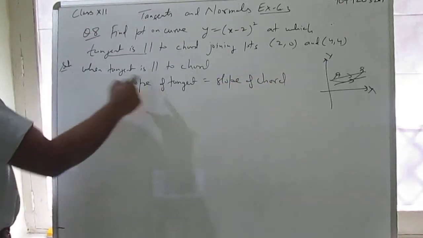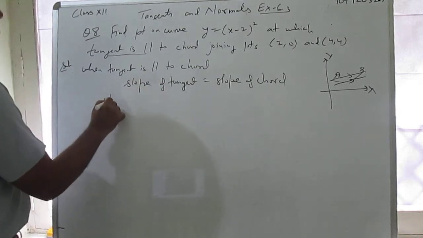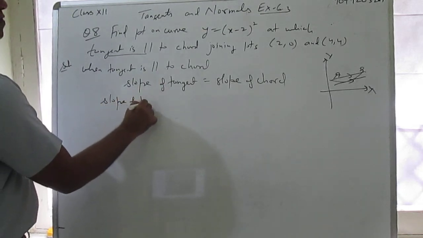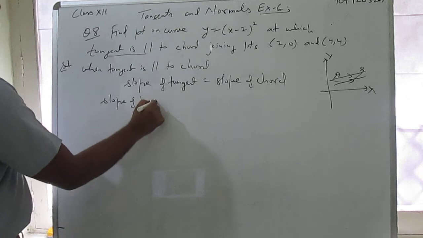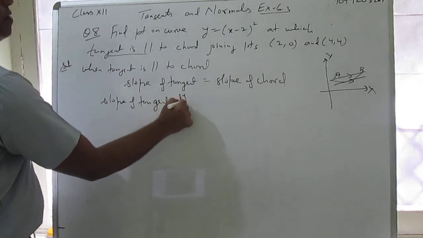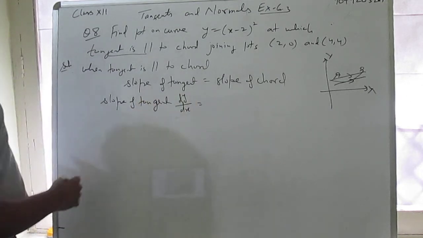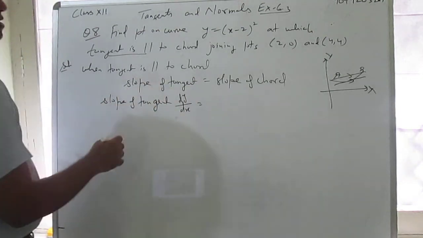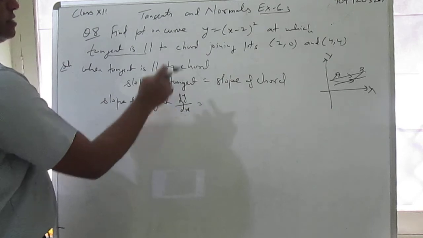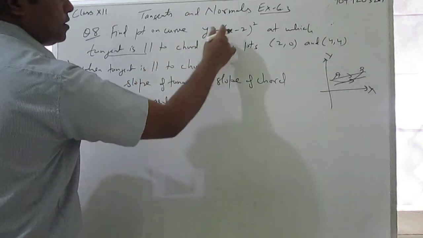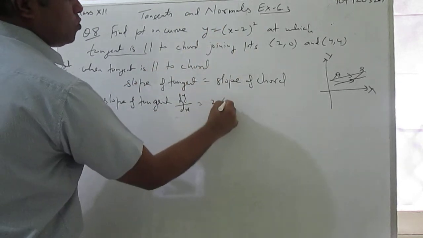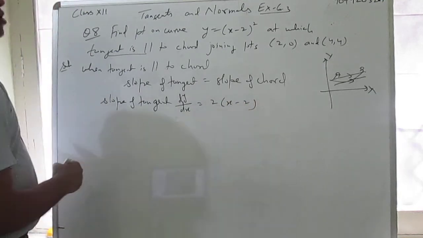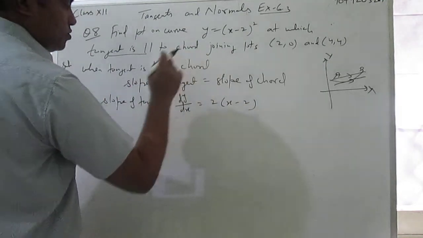So what is the slope of the tangent? It is dy by dx. At point (x1, y1), the slope of the tangent is dy by dx. So dy by dx is equal to 2(x minus 2). This is the slope of the tangent.